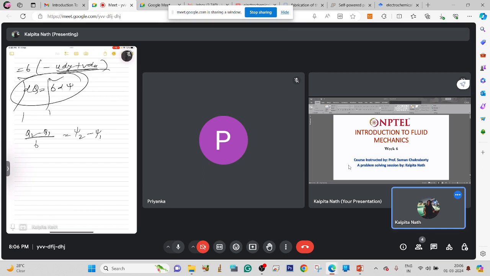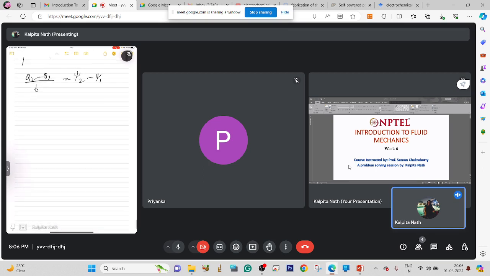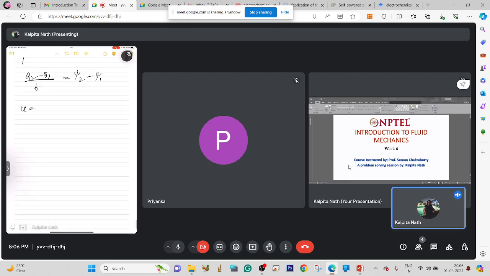Now, let's suppose I give you an example. The velocity components are given: the x component of velocity u is given as 0. The y component of velocity is given as minus y cube minus 4z.